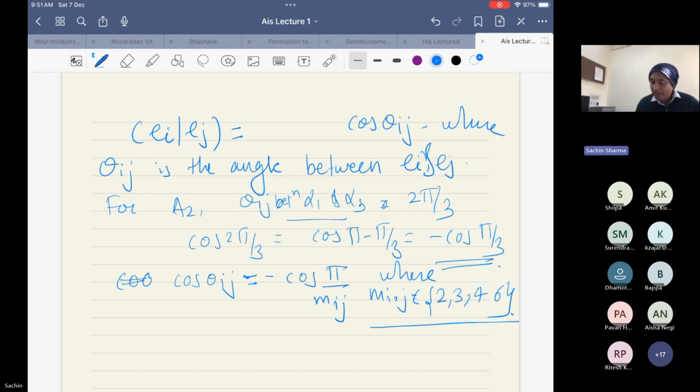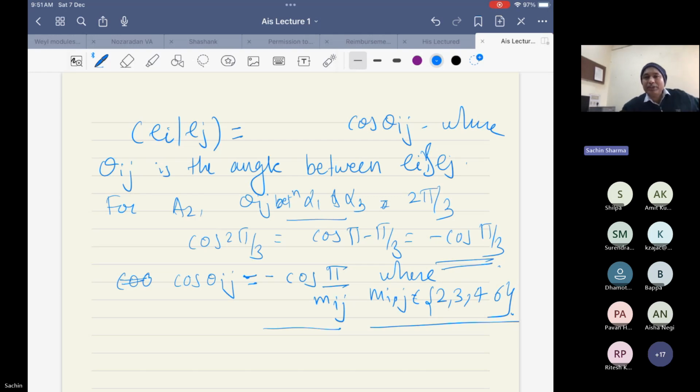I am not writing arbitrary things, please check the table. That's what we have proved yesterday. These tables with these obtuse angles, these are the mij's. These are the only possibilities we have. Now I will pause for some questions.